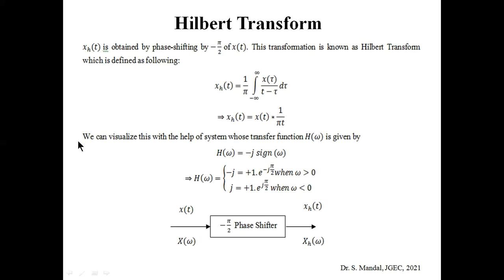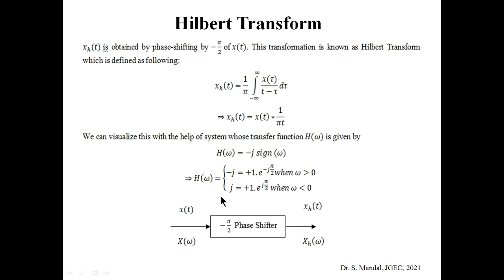Now we can visualize this Hilbert transform by using the transfer function H(ω). The transfer function H(ω) for the Hilbert transformer can be written as H(ω) equal to minus j into sgn(ω), or you can write that it is minus j if ω is greater than 0 and plus j if ω is less than 0.